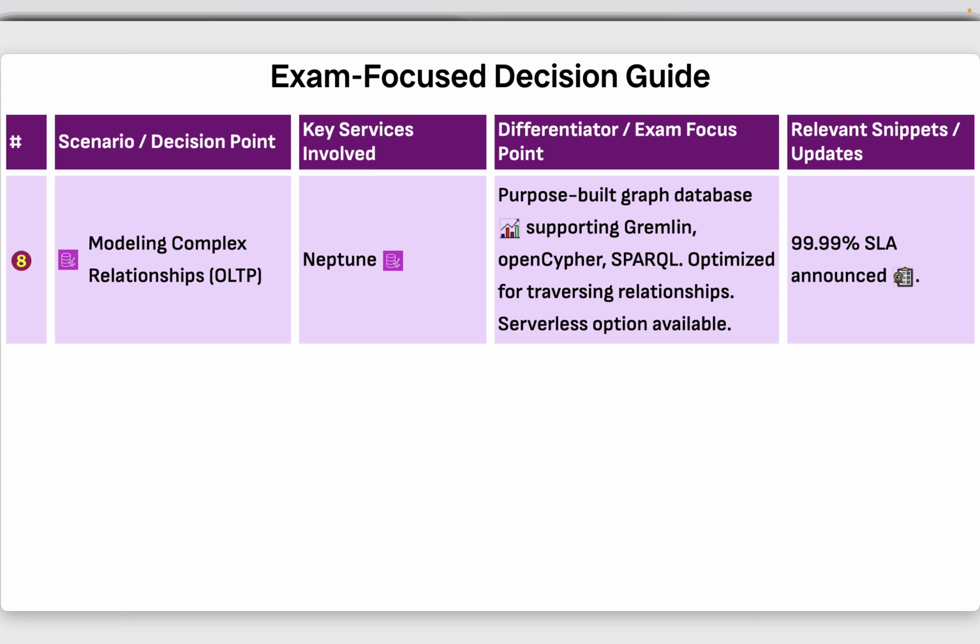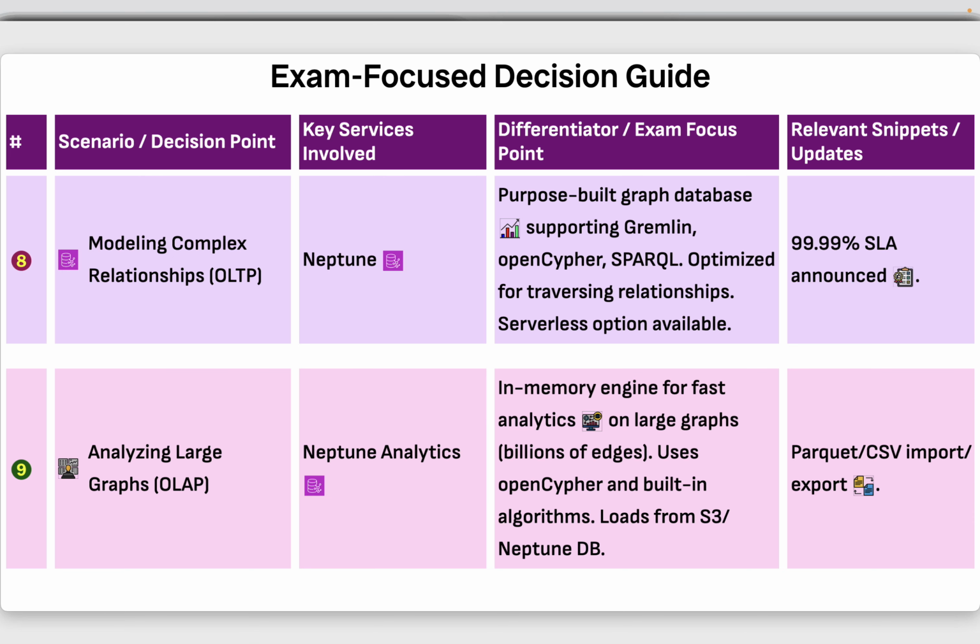These are the three very typical standard technologies used for graph databases. It is optimized for traversing relationships, and there is a serverless option also available. And I talked about the SLA target already.